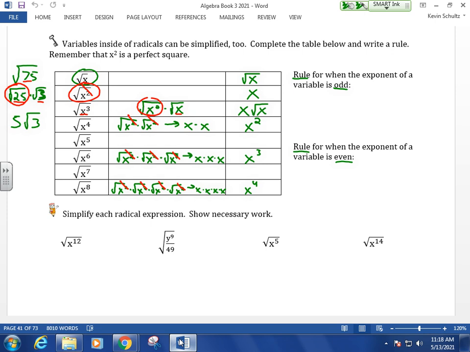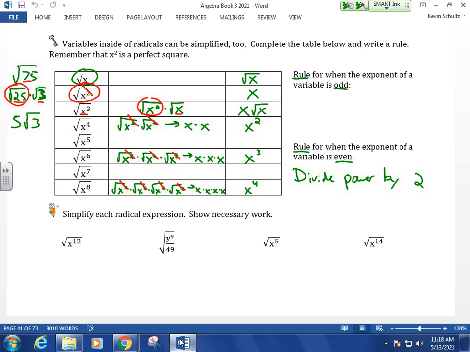And your root sign is gone. Okay? So the rule for when the exponent of a variable is even: we're going to divide the power by 2.